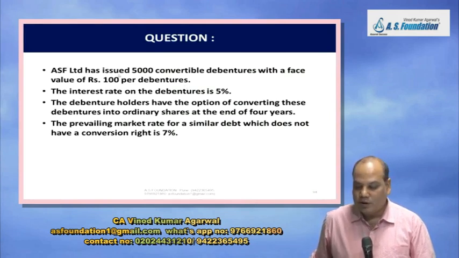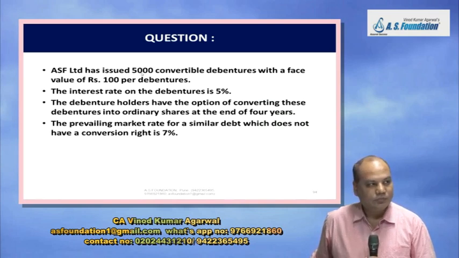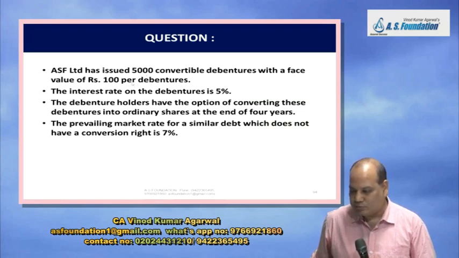24. ASF Limited has issued 5,000 convertible debentures with a face value of rupees 100 per debenture. So what is the total value of debentures issued? Is it 50 lakh? 5 lakh.